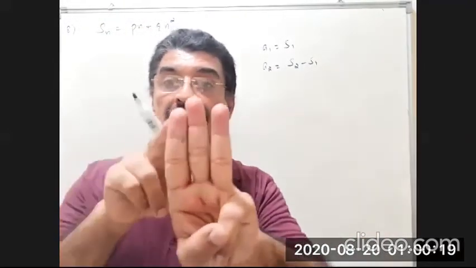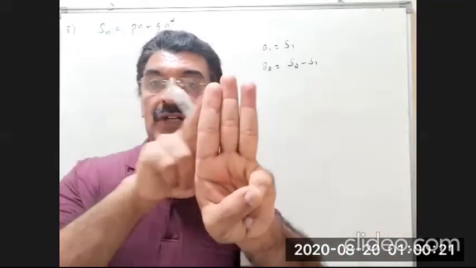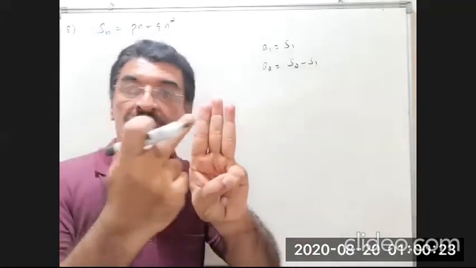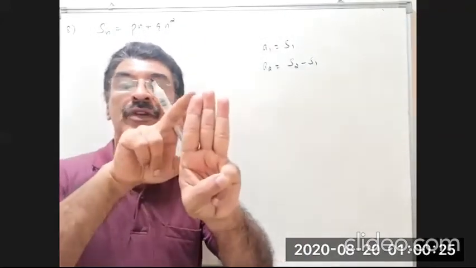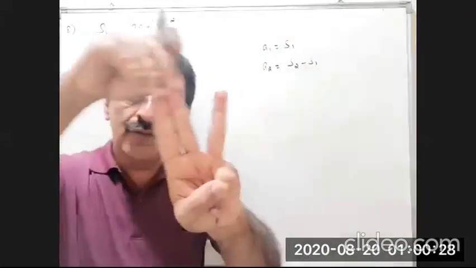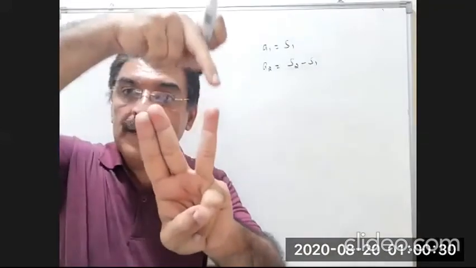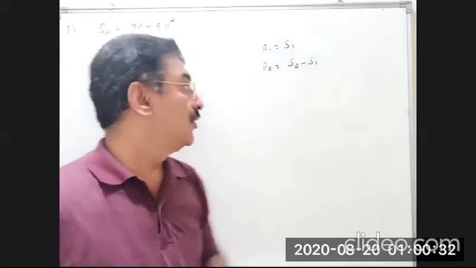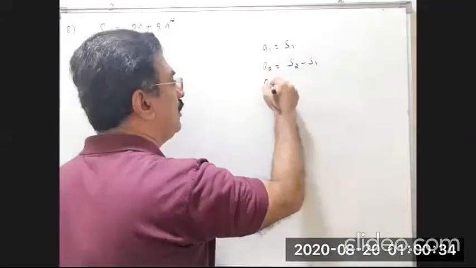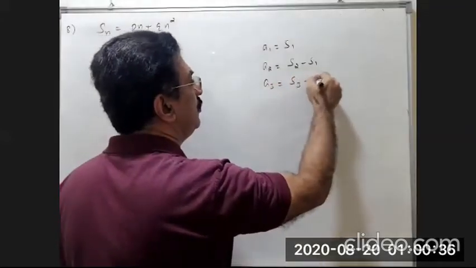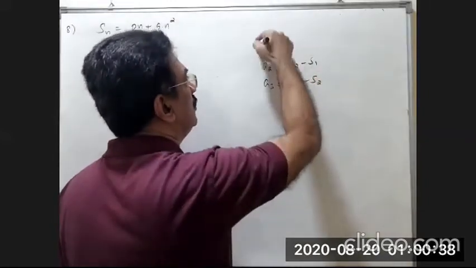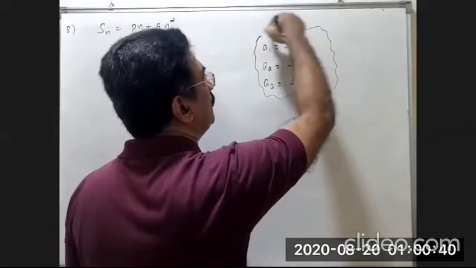Similarly, from the sum of three terms, if we remove the sum of two terms, the left out will be the third term. So a3 will be S3 minus S2, etc. This also you learned last year.